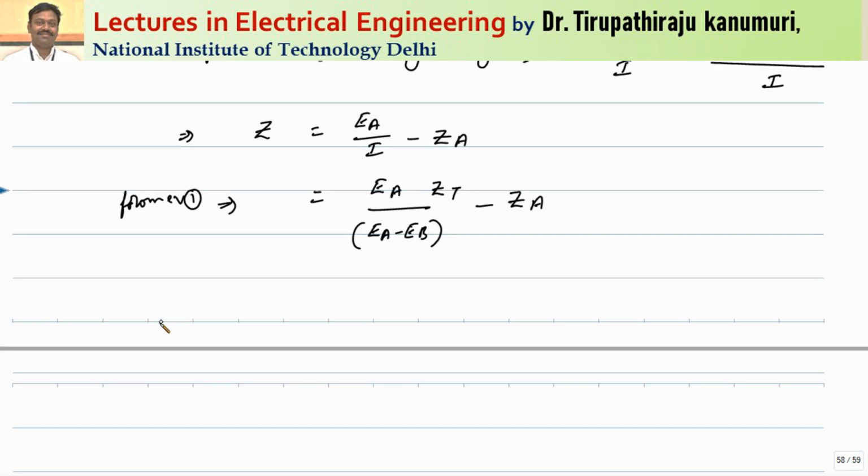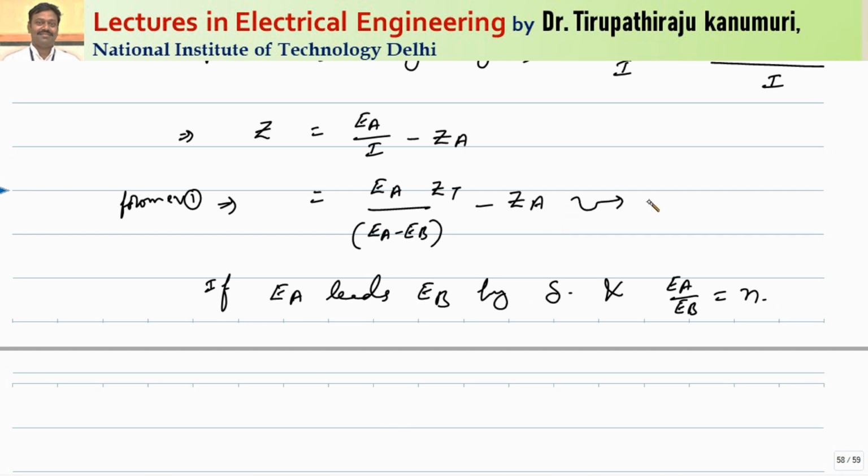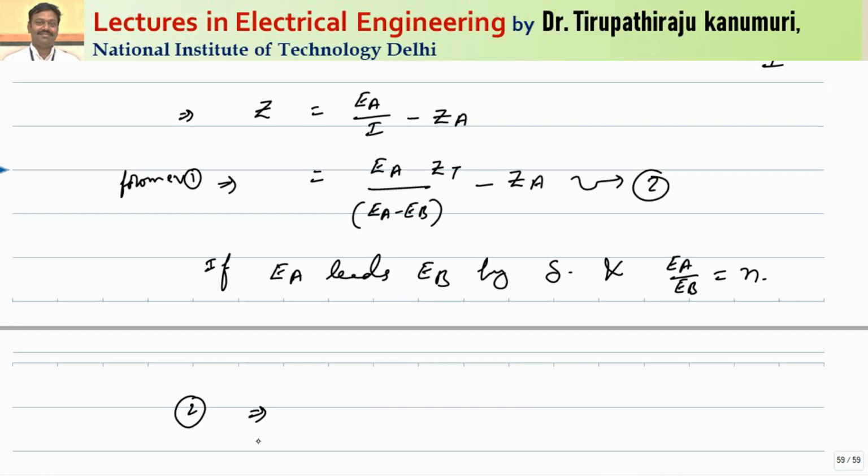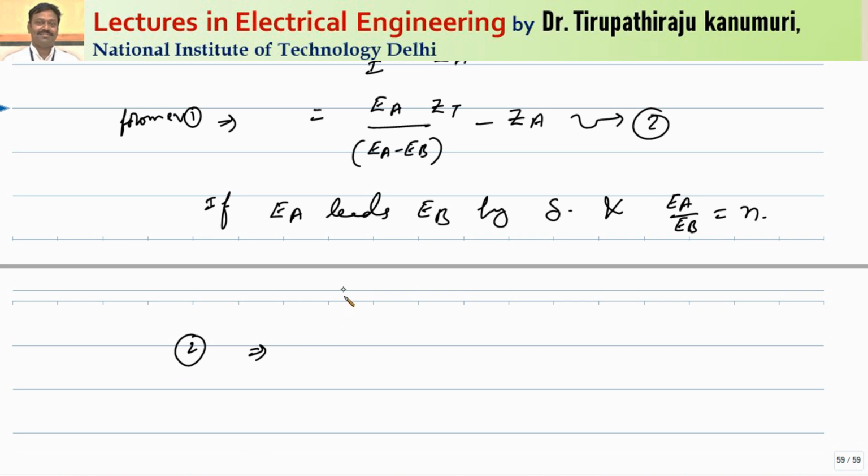Let us assume EA leads the value of EB by some angle delta, and the ratio of EA by EB I am representing by the letter N. Let us take it as equation number 2. Equation number 2 can be represented in this form. I can divide by EB in both numerator and denominator.